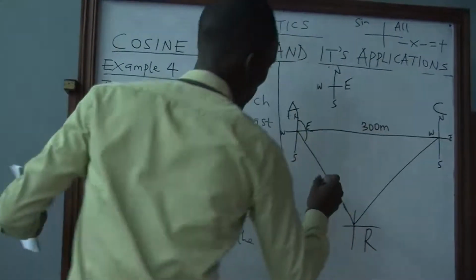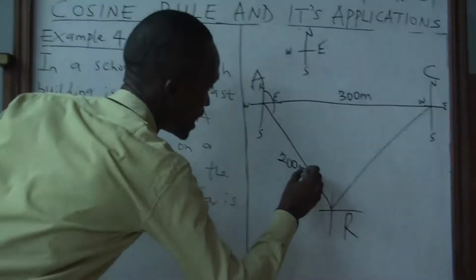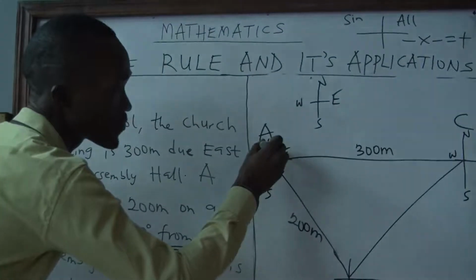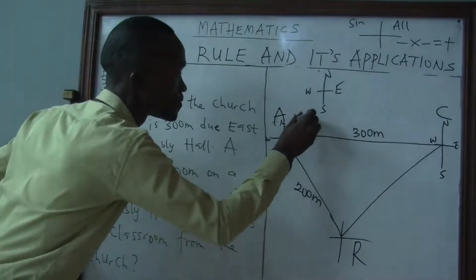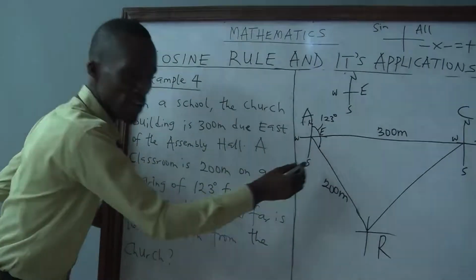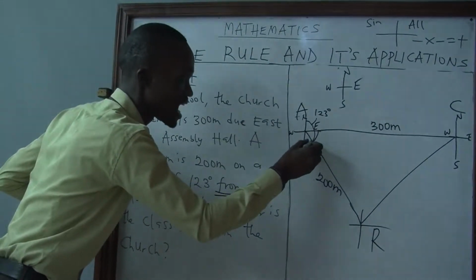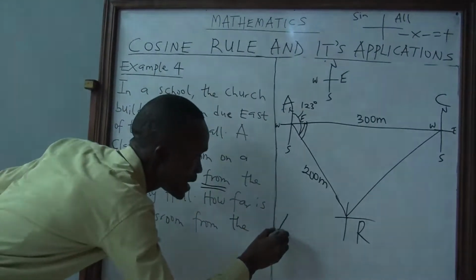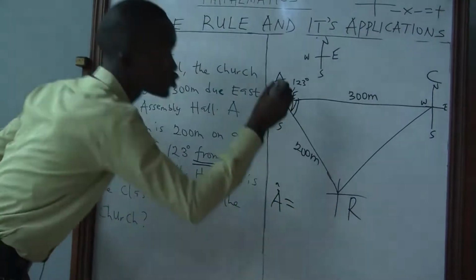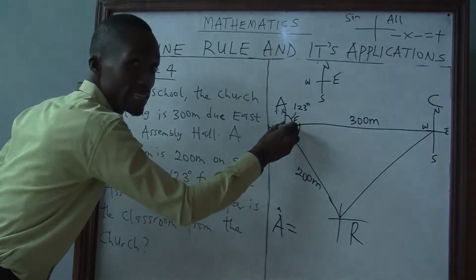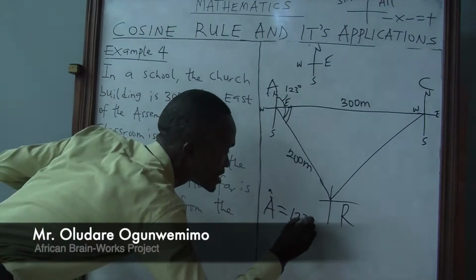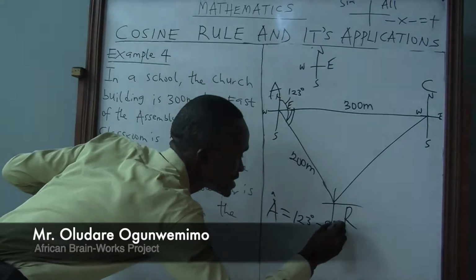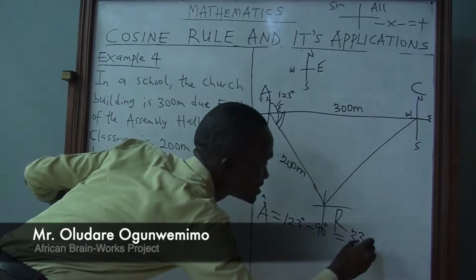From there, this one is 200 meters, and the angle from this north pole to this line is 123. If the whole angle here is 123, then what is this angle? From north to east is 90, so the remaining one will be 123 degrees minus 90 degrees, and that is 33 degrees.